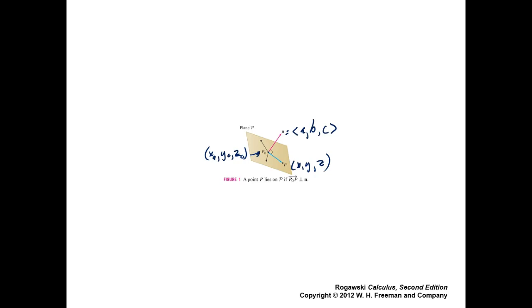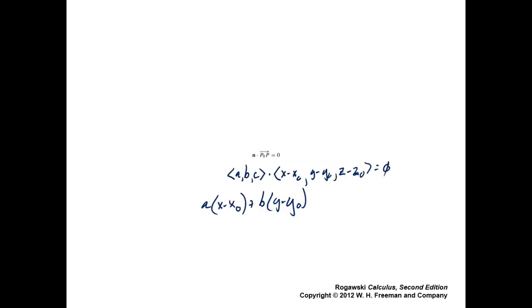Keep those in mind, because this is true: for any vector that's perpendicular to any other vector, the dot product is always 0. Always. So we were just told that this vector n, which has components a, b, c, is perpendicular to the vector x minus x0, comma, y minus y0, comma, z minus z0, so that dot product is 0, because for orthogonal vectors, the dot product is 0.